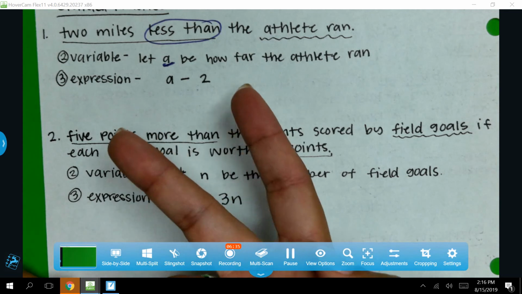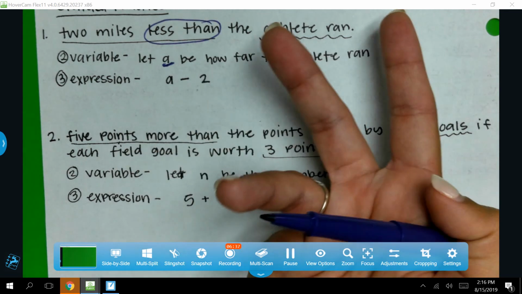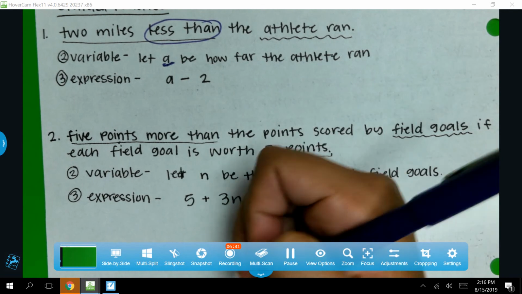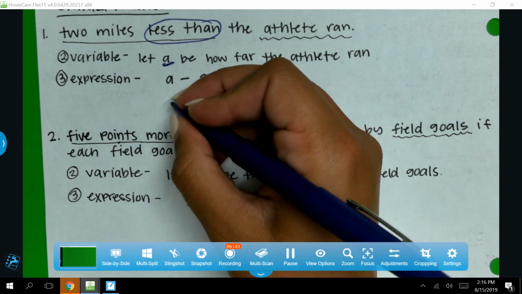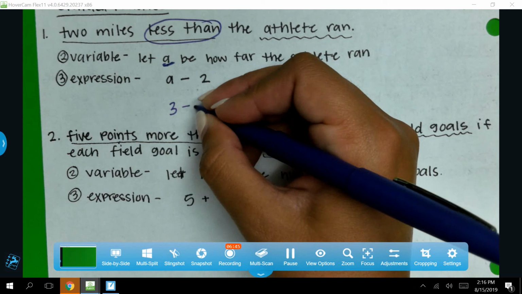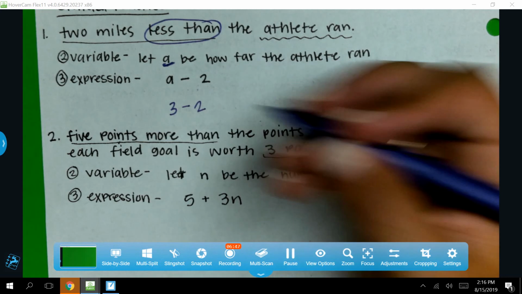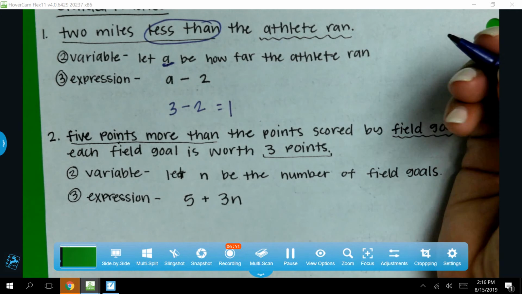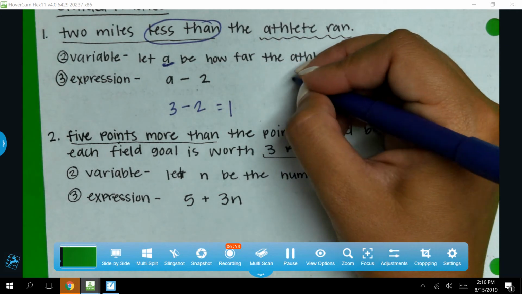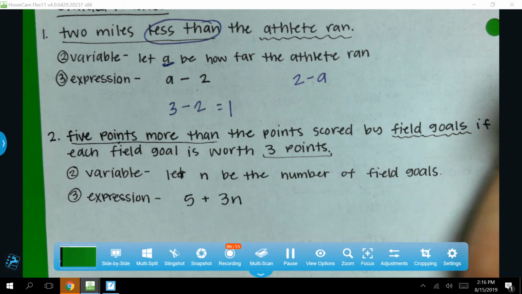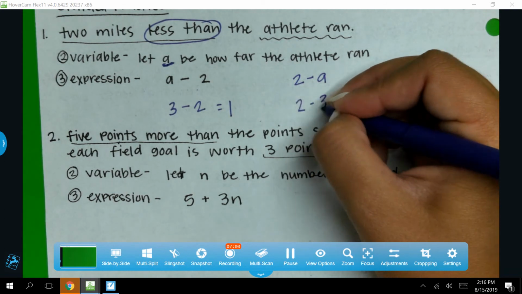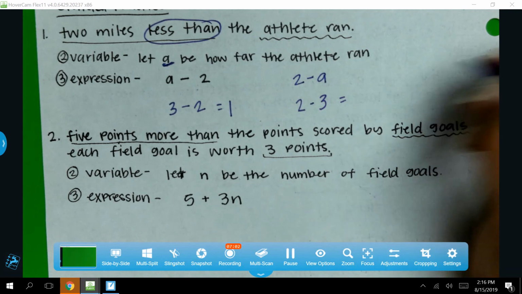Here's where I want you to notice that it definitely matters if you flip it or not. Because this is correct. Say that the athlete ran 3 miles. If I wanted to figure out the answer, I'd have 3 minus 2, which gives me what? 1. If I did not flip it, my equation would have been 2 minus A, right? If I plug that 3 back in for A, does it give me the same answer?